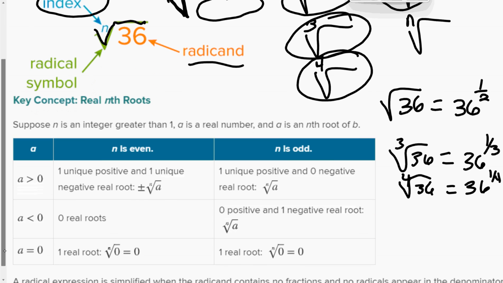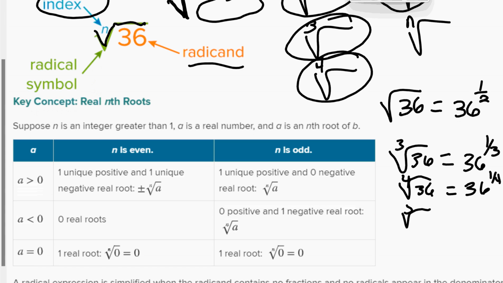Anytime we have an even index, like square, 4th, or 6th, we will always get a plus and a minus. But any odd ones are just going to be regular. So if the radicand is positive, like the cube root of 36, then my answer will be positive.